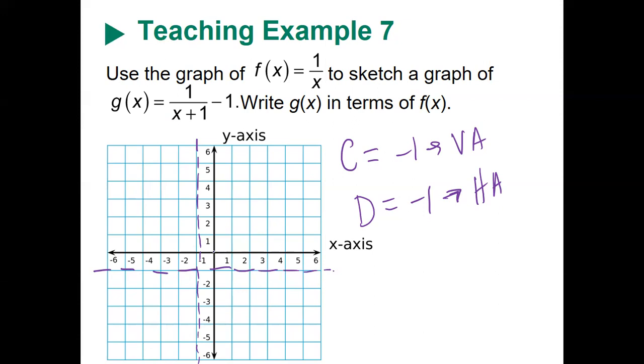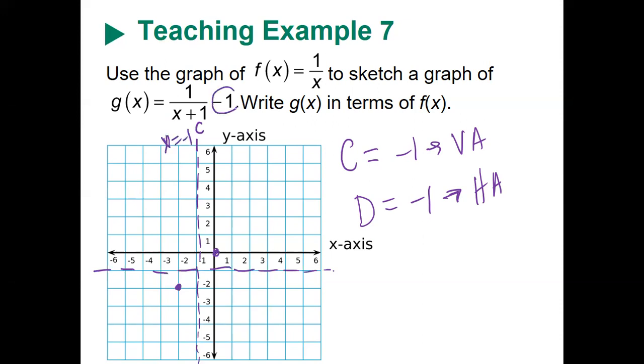Okay, tell me where. He said he's a little confused. So my C is negative 1, which is my vertical.